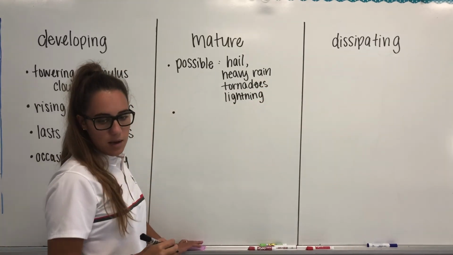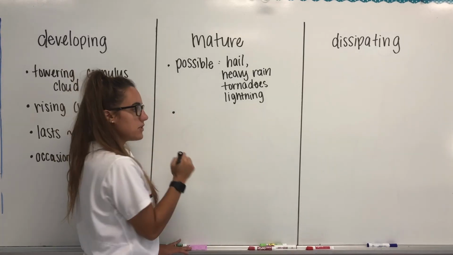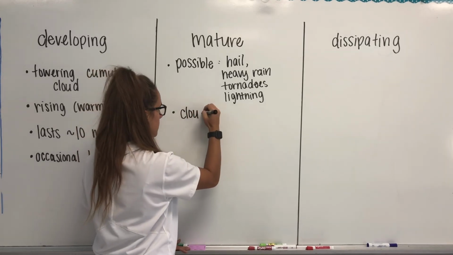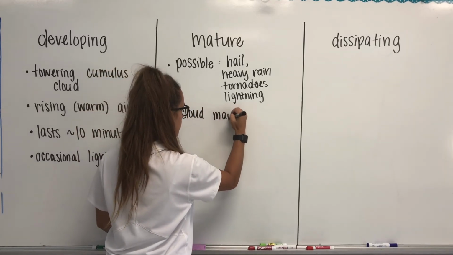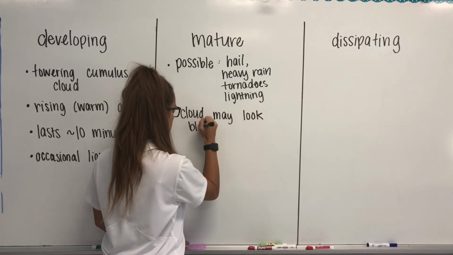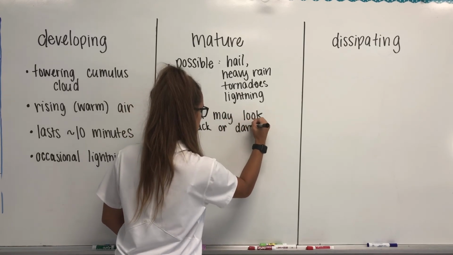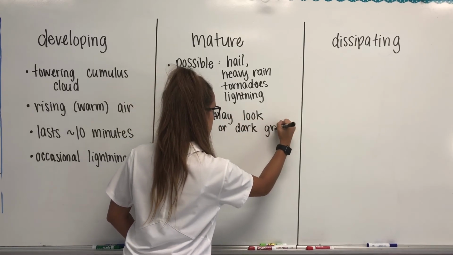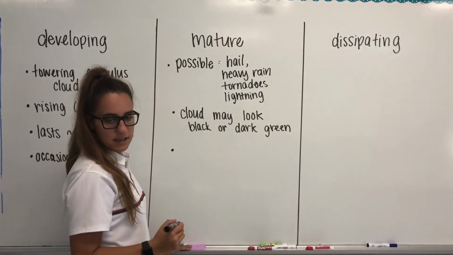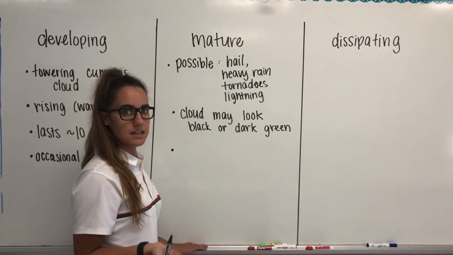The next thing about the mature stage to remember is that the cloud may appear black or very dark green in color. And finally, this stage lasts on average about 20 minutes, but it can last longer.